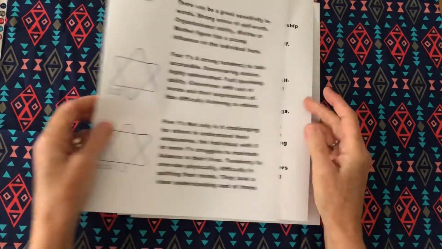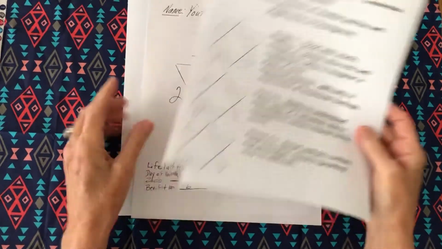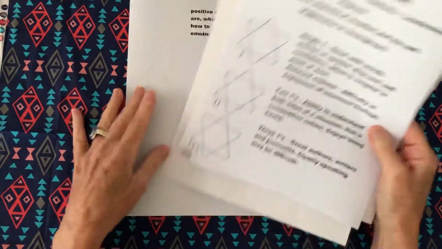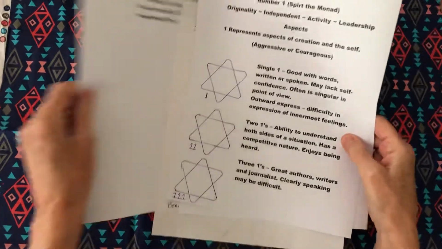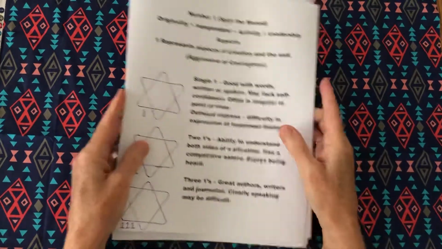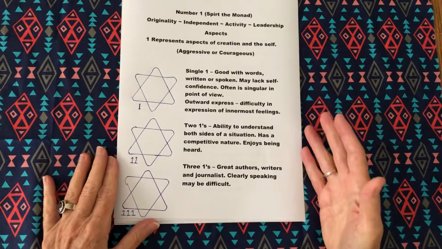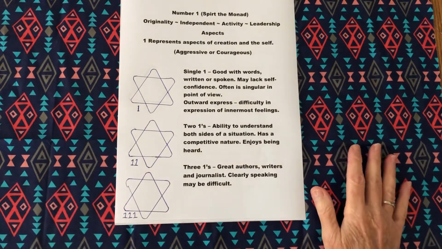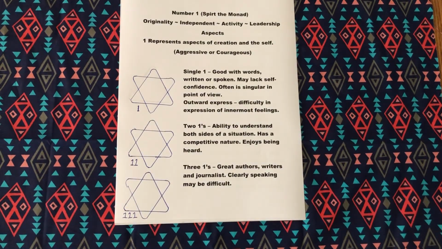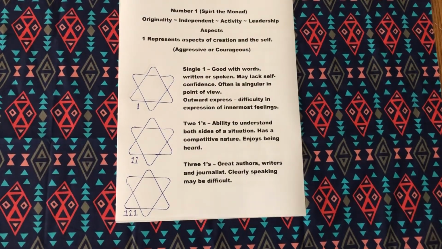I find this fascinating. It's taken me years of study to get all this together. What I'm sharing with you is what I've presented in workshops, what I teach when people come in for readings, how I've diagnosed these numbers. I've learned from them. They're very versatile. Nothing is cut in stone. And what I'm sharing with you is basically what I've learned and experienced.